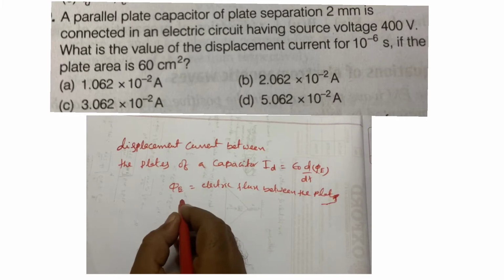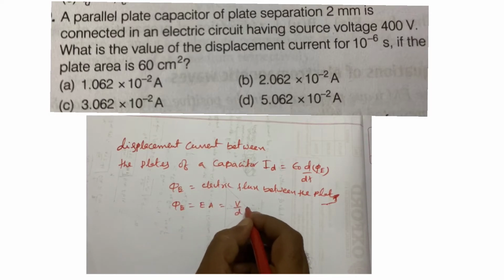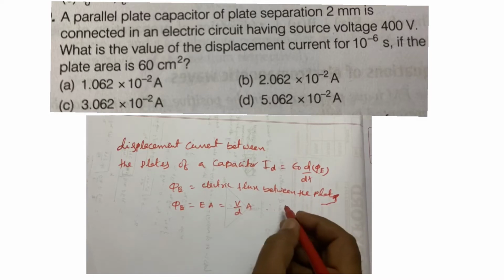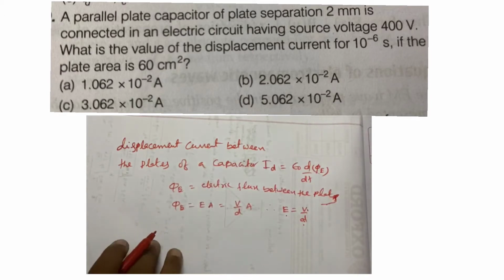So phi of E equals E into A, where E equals V by d, since the intensity of electric field equals the potential difference between the plates divided by the distance of separation between the plates.